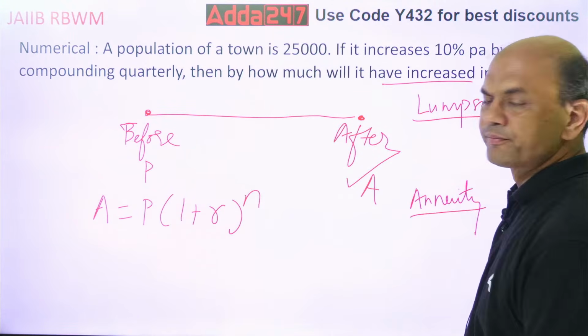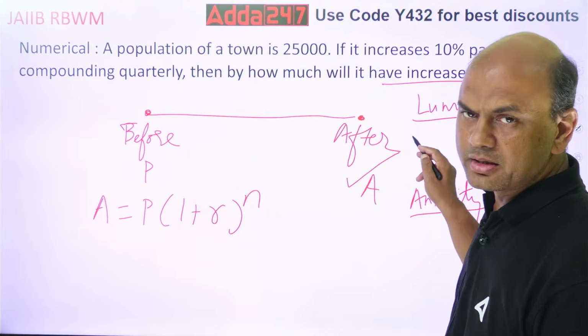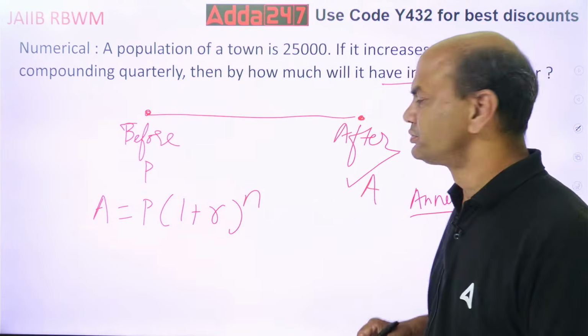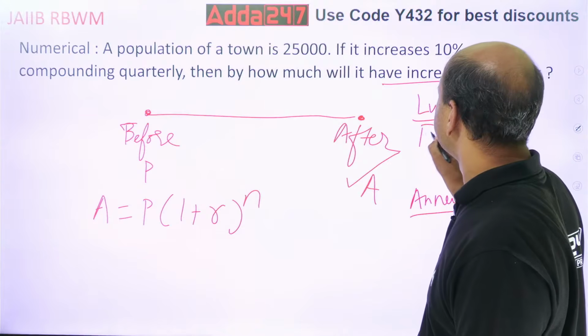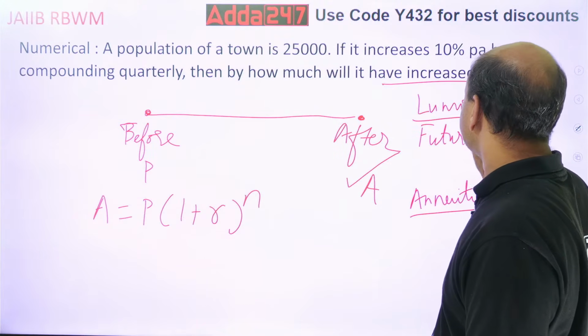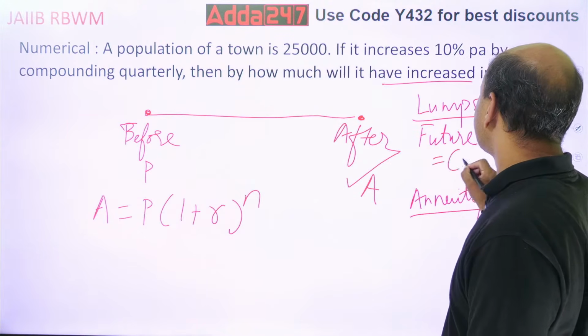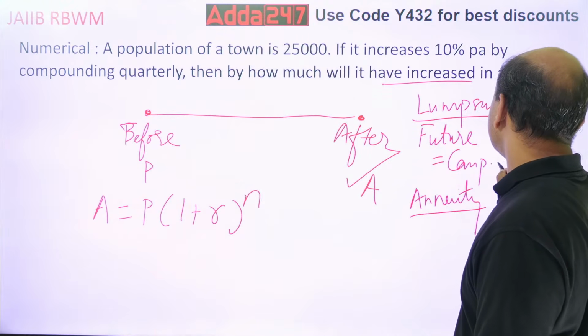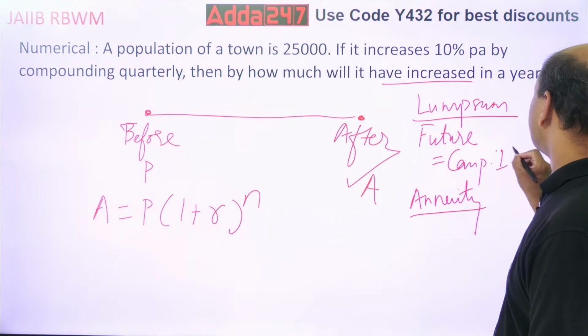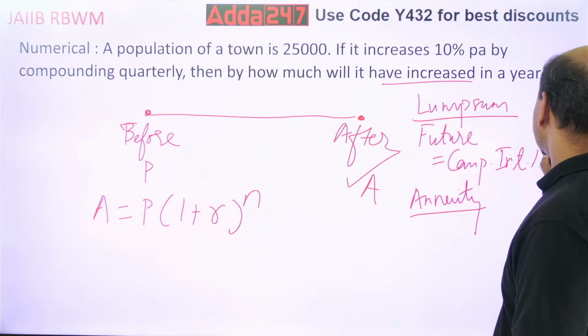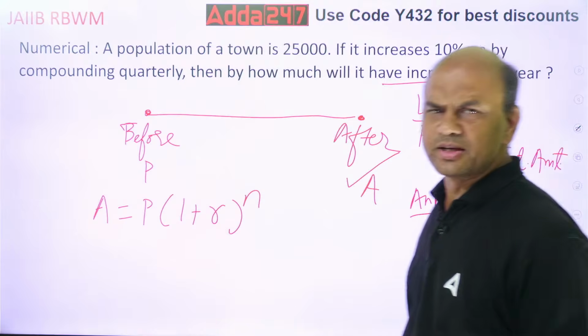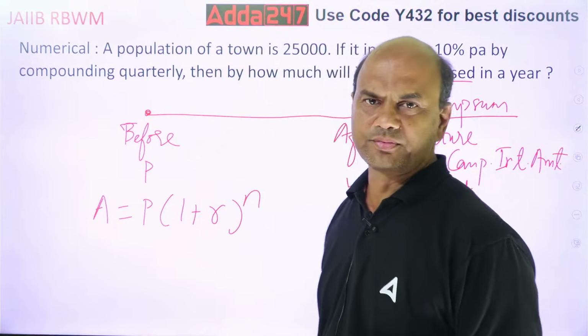In lump sum payment, kindly note, one time, future value equals the compound interest final amount. It is the same thing, the same formula is used.